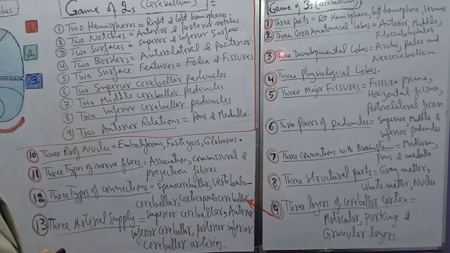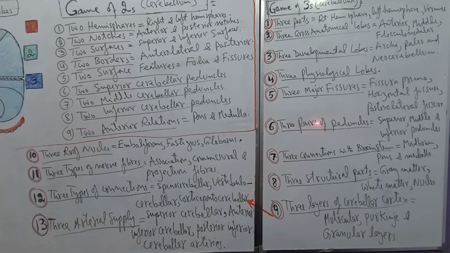Each cerebellum has three developmental or embryological lobes, archicerebellum, paleocerebellum, and neocerebellum. Each cerebellum has three physiological or functional lobes regarding connections. Each cerebellum has three major fissures, fissura prima, horizontal fissure, and posterolateral fissure. Posterolateral fissure is also known as fissura posterolateralis.